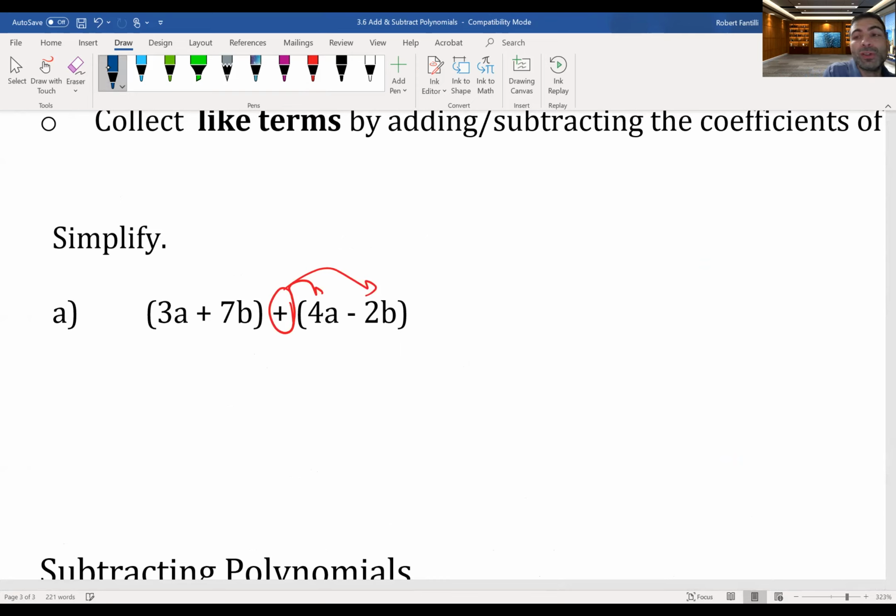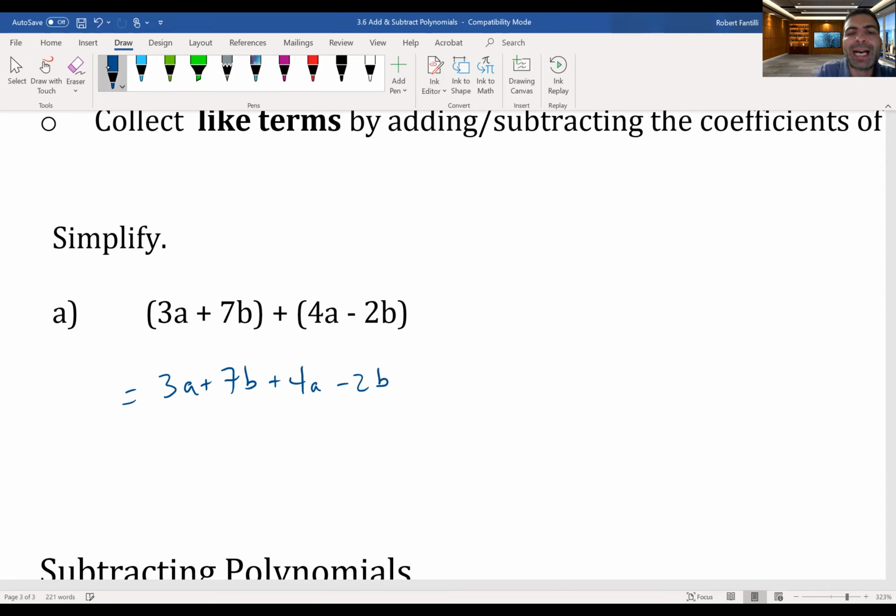So what I do is drop the brackets here. This is equal to 3a plus 7b, right? The first thing, there's nothing to do here. There's technically an invisible 1 there, and we're distributing it to those, 3a and 7b. But it doesn't really matter here for the first set. Just drop the first set. But now we're going to have to multiply an invisible positive 1 times 4a, which is positive 4a, an invisible positive 1 times a negative 2b, negative 2b.